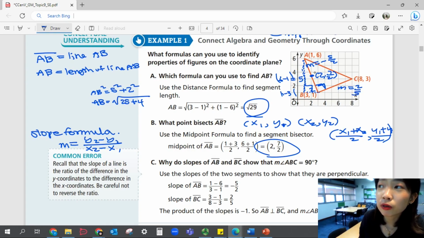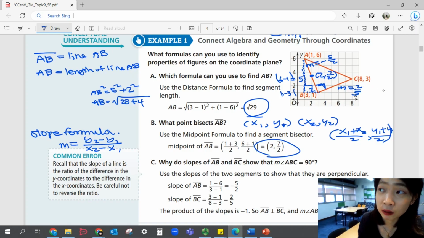So compare these two slopes. Negative 5 over 2 is the opposite reciprocal of 2 over 5. If the signs are flipped to positive from negative or to negative from positive, they are opposites. And if the fractions are flipped upside down, they are called reciprocals.